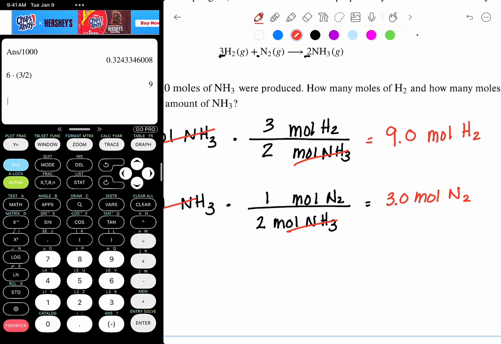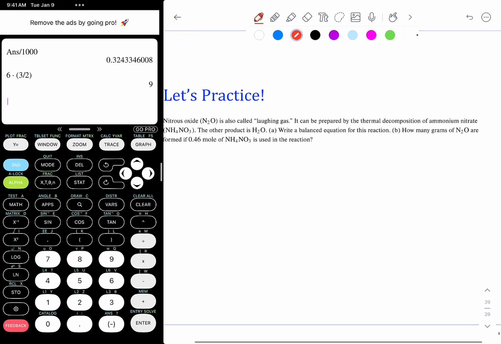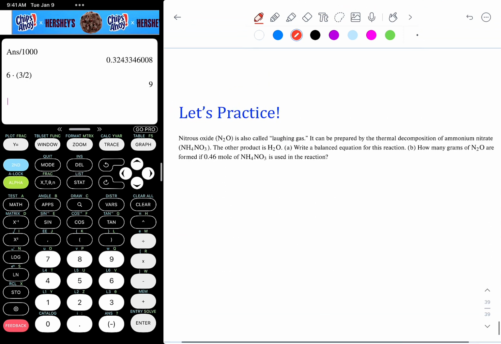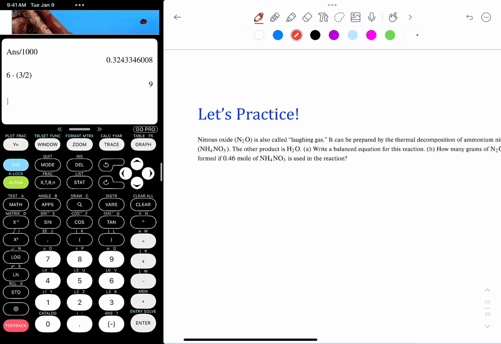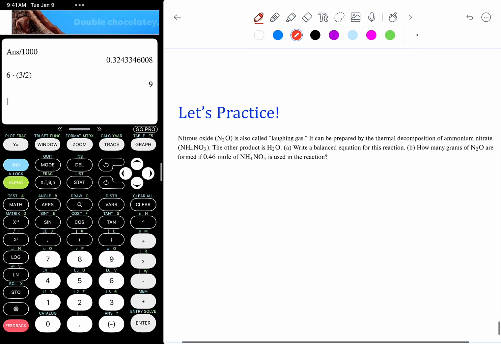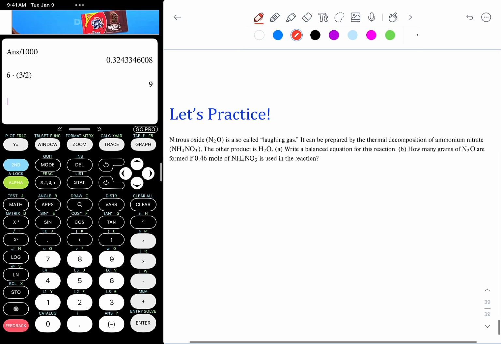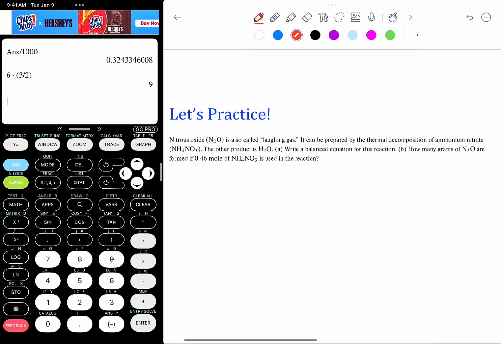Perfect. Okay, on to our last problem of this lesson. Nitrous oxide is also called laughing gas. It can be prepared by the thermal decomposition of ammonium nitrate. The other product is H2O. Write a balanced equation for this reaction and determine how many grams of N2O are formed if 0.46 moles of ammonium nitrate is used in the reaction.